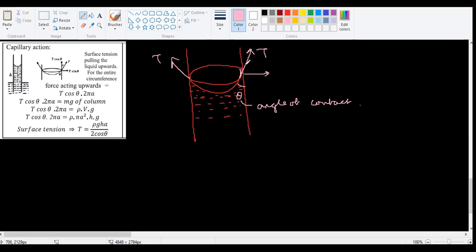If this is theta, this is also theta. This will be T sine theta, and on this side it will be T cos theta. Same thing will happen on this side. So T cos theta will be on the top, and T sine theta will be acting sideways.